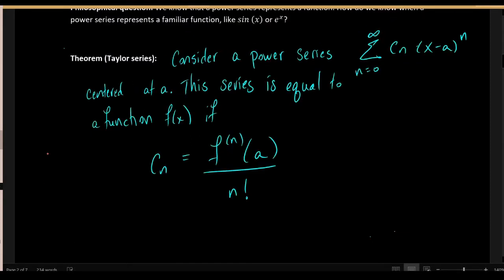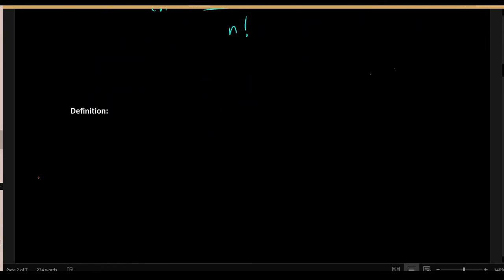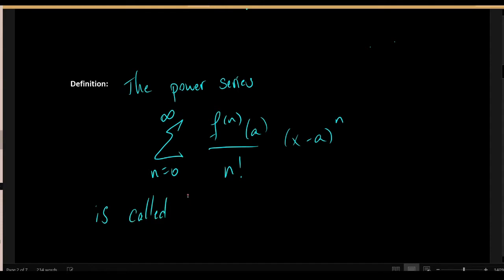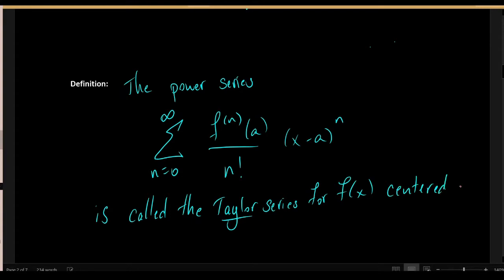This particular power series representation for f of x is the power series where we're summing as n goes from 0 to infinity the coefficient obtained from the nth derivative divided by n factorial times x minus a to the n. This power series is called the Taylor series for f of x centered at a.